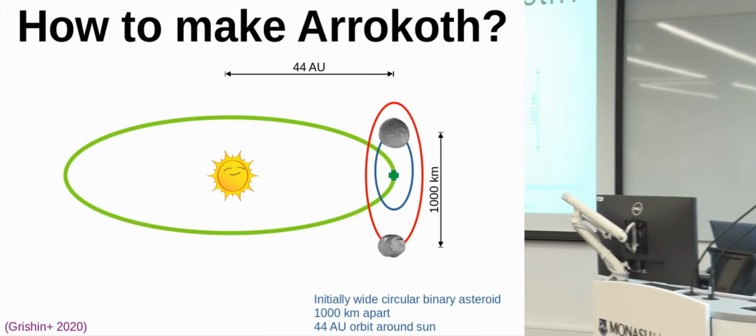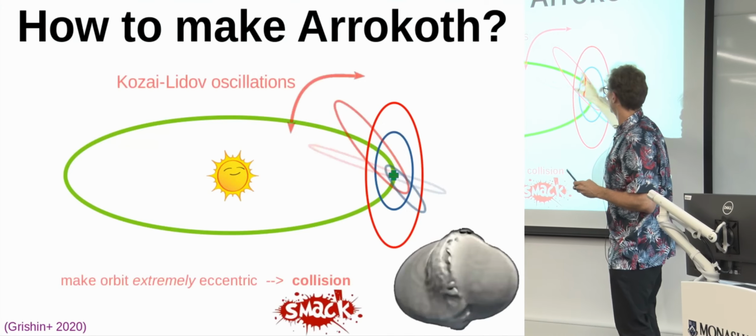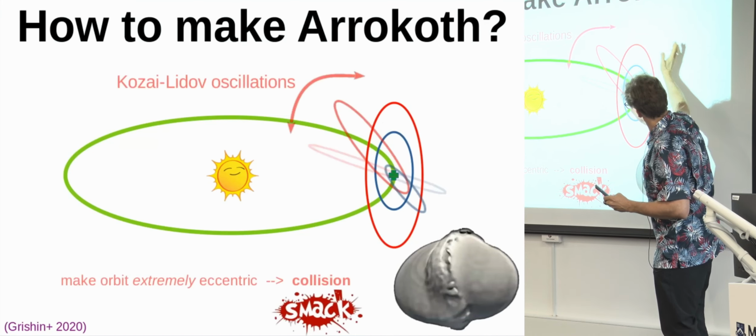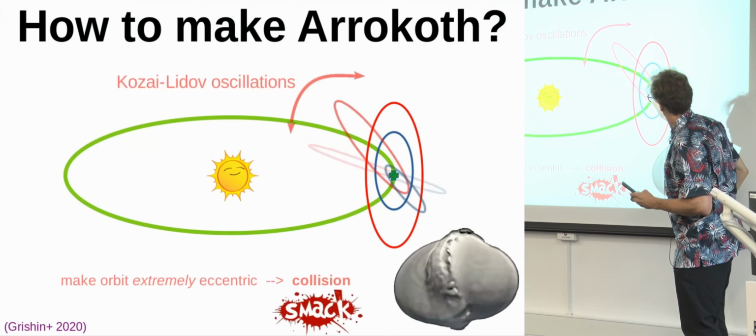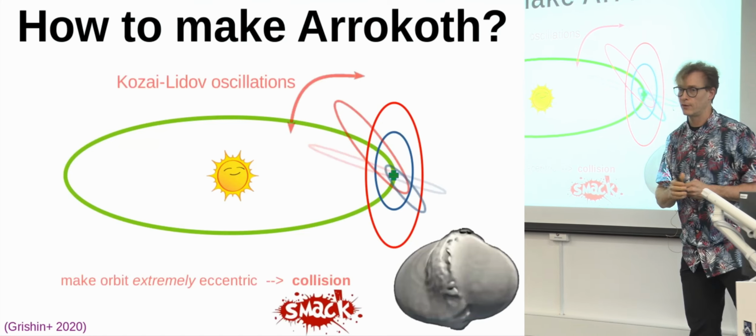What happens next is that these quasi-Lidov-Kozai oscillations make this orbit increasingly aligned with the orbit around the Sun, but it gets extremely eccentric at the time.